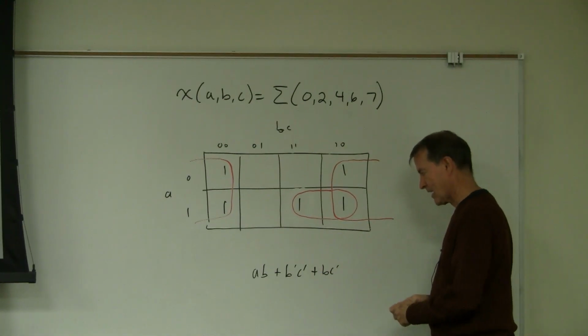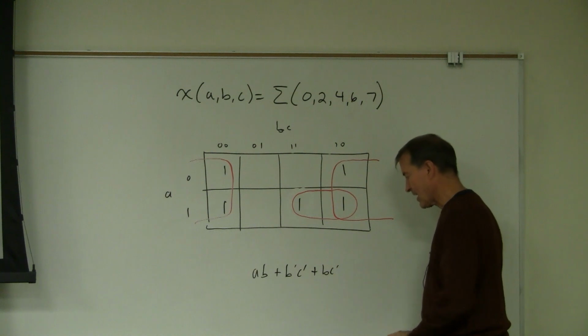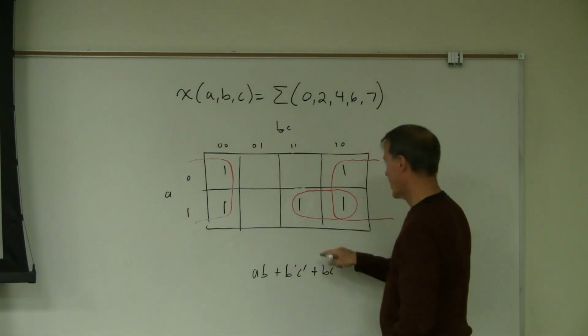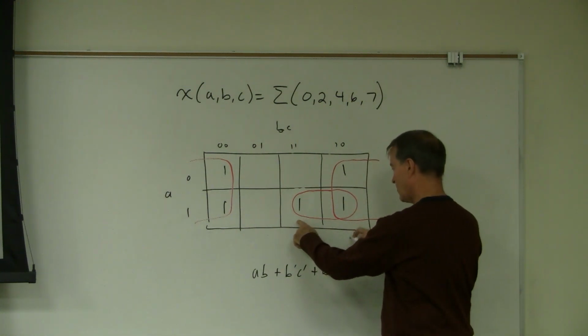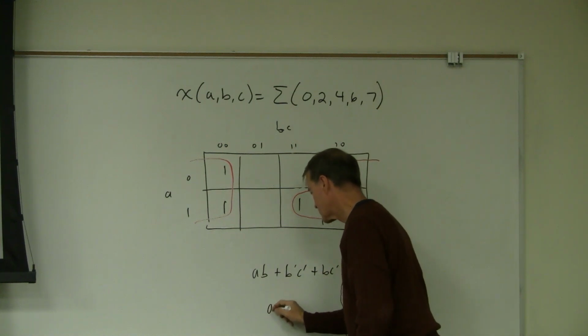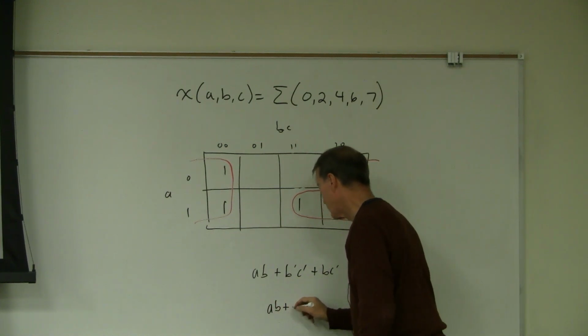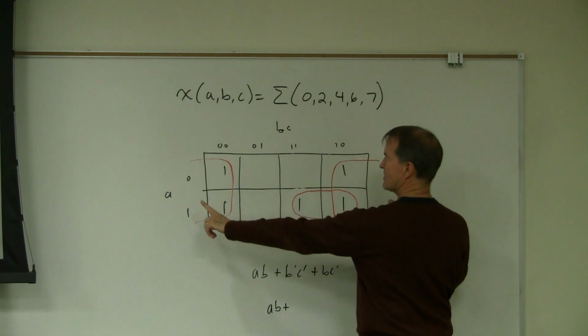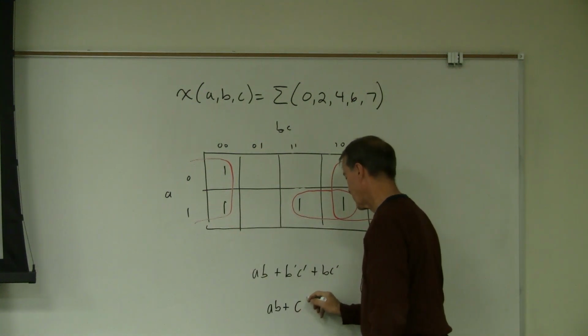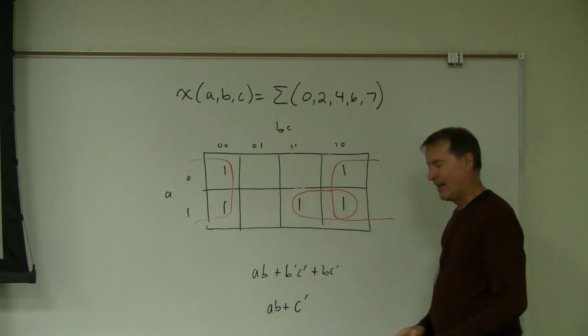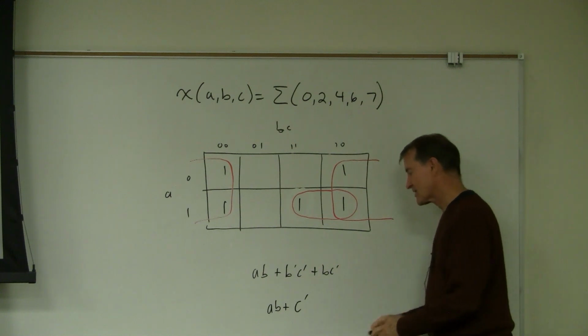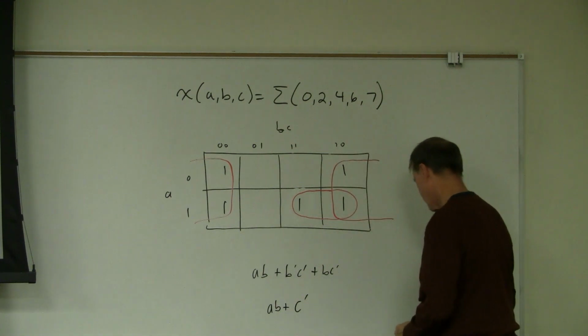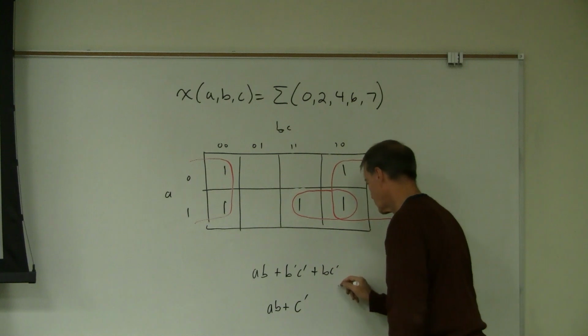Does everybody see how that works? This one is still AB, but now what is this region? C prime. And now, how many gates is this? Let's count the gates. 2 gates.